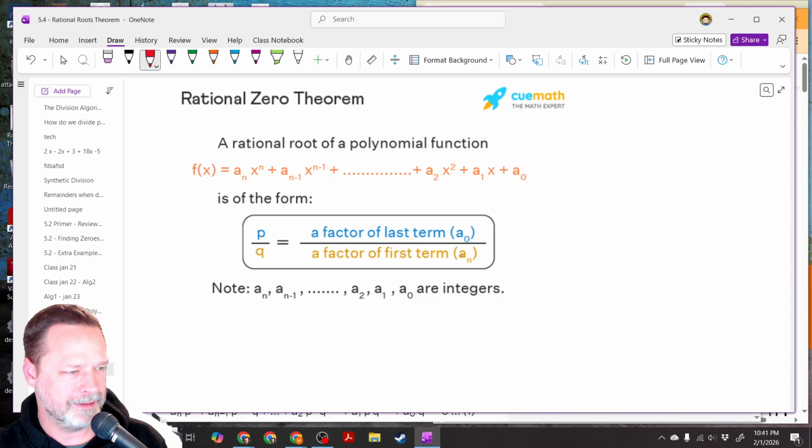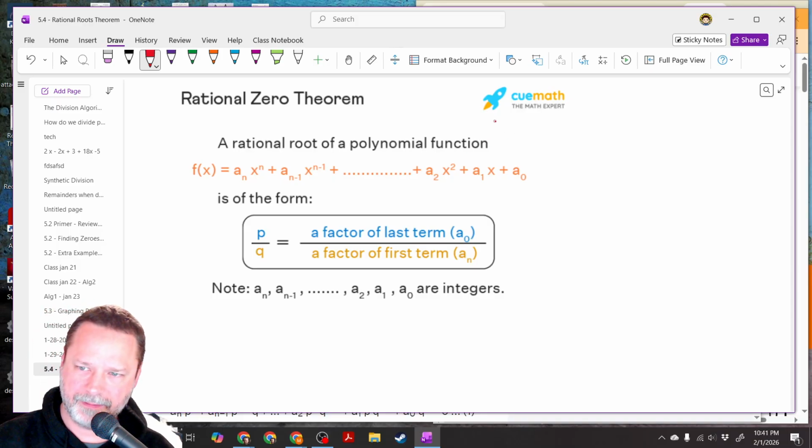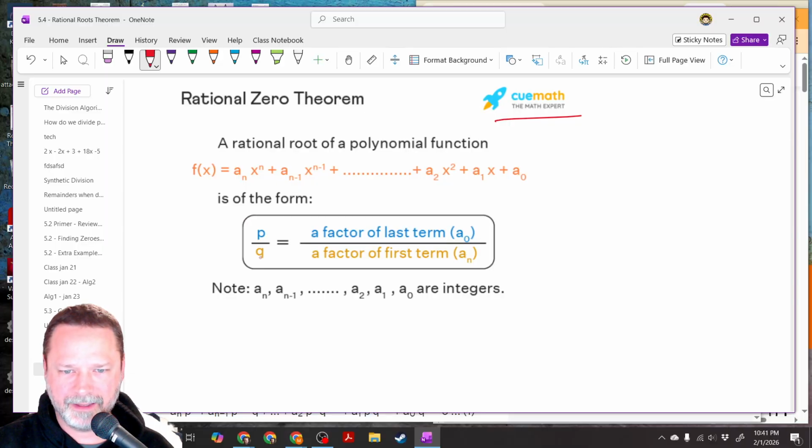Here's another way to state that also. Now you can see QMath right here, so I grabbed this from them. A rational root of a polynomial function: if the function is in this form here, I won't read it again, then a rational root will be of the form p over q, where p is a factor of the last term, the constant, and q is a factor of the leading coefficient.